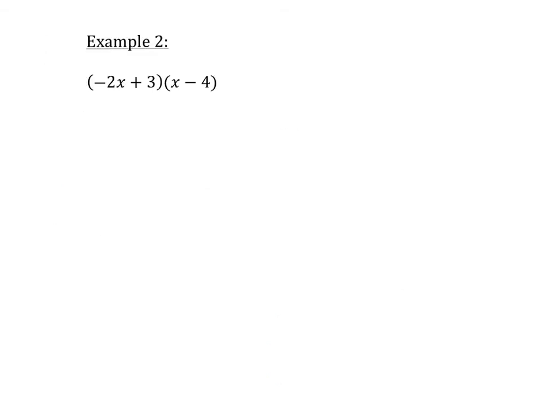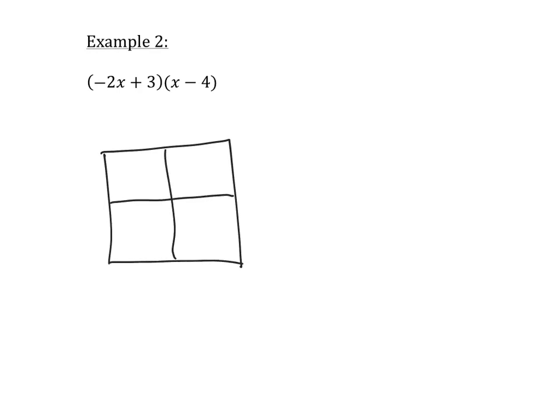Example 2. We're multiplying negative 2x plus 3 times x plus 4. I know that I'm multiplying because there's no plus or minus between my sets of parentheses. I need to double distribute, and I'm going to show the box method because, again, I think it keeps our work more organized. So I have negative 2x plus 3 as my two terms in the first set of parentheses, and I have x and negative 4 as my two terms in the second parentheses. I'm now going to write the products.